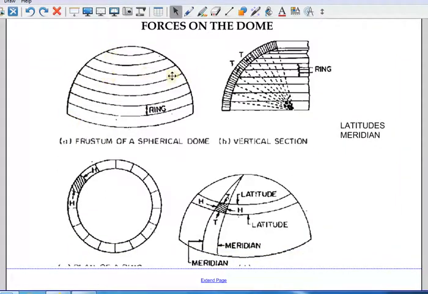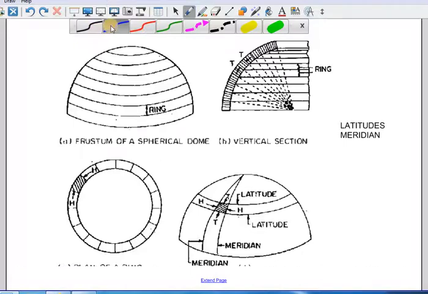You can see here, as I explained before, this is one ring, this is another ring, horizontal, this is another ring through which your hoop force will be there. So how the load is transferred is the weight of this ring is transferred to this ring, and it's transferred to this ring, at last it goes down.